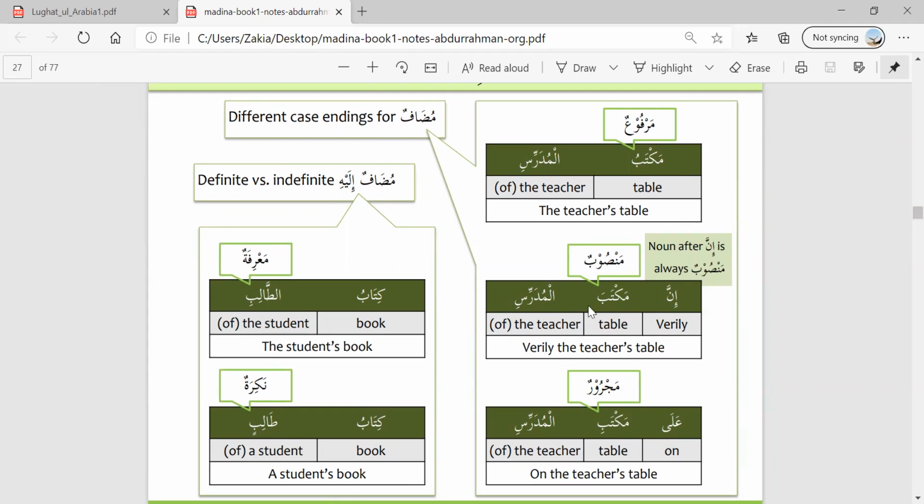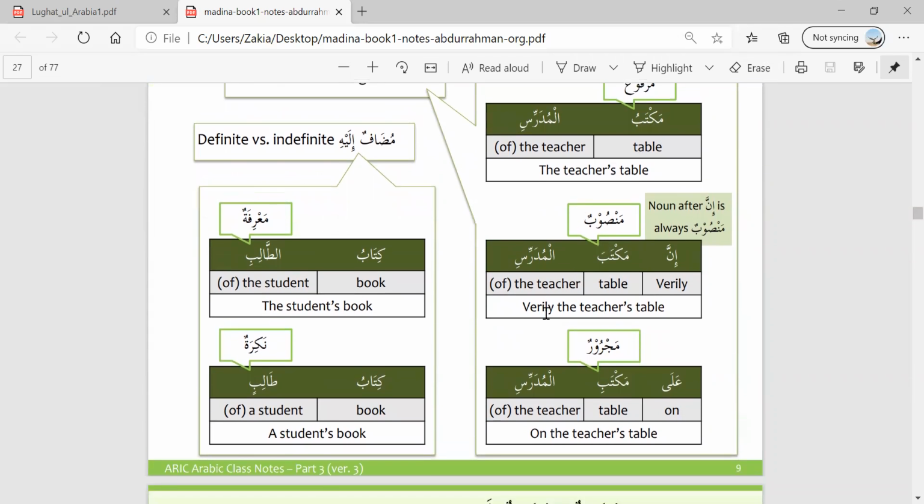Then after maktaba, you have mudarrisi, which is majroor. It takes a kasra. Why? Because it's mudaf ilayh. So here's mudaf and here's mudaf ilayh. That's two cases here.